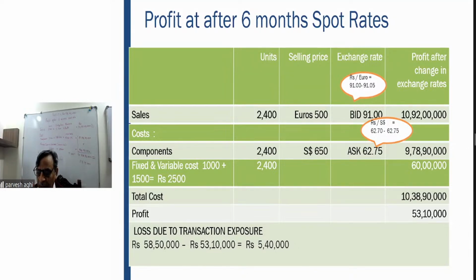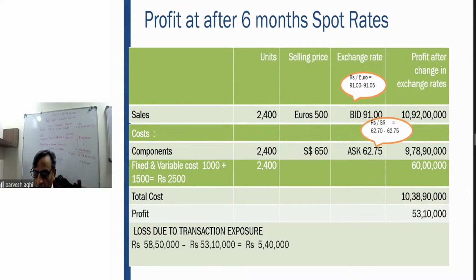At the time when he got the actual transactions, all transactions occurred after 6 months. That means he got his money after 6 months and he paid for his component also after 6 months. At the time when he was getting the order from abroad, and by the time he actually got his money, the exchange rates have moved.